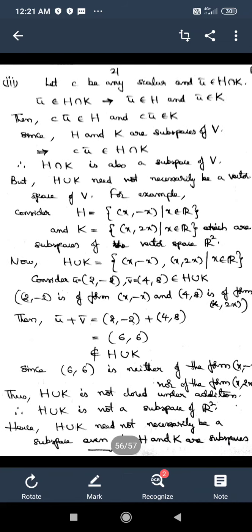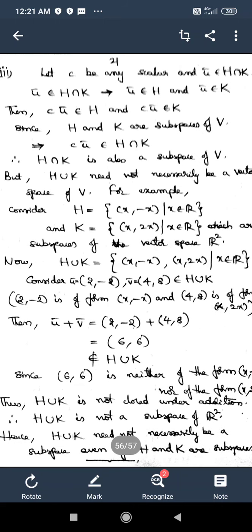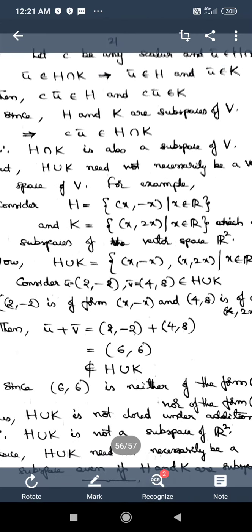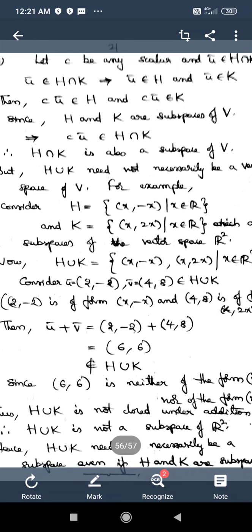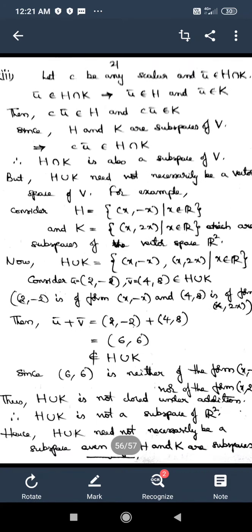Now consider their union. H union K is the set of all elements that are either of the form x comma minus x or of the form x comma 2x, wherein x is a real number. Now we want to prove that H union K is not a subspace of R2.